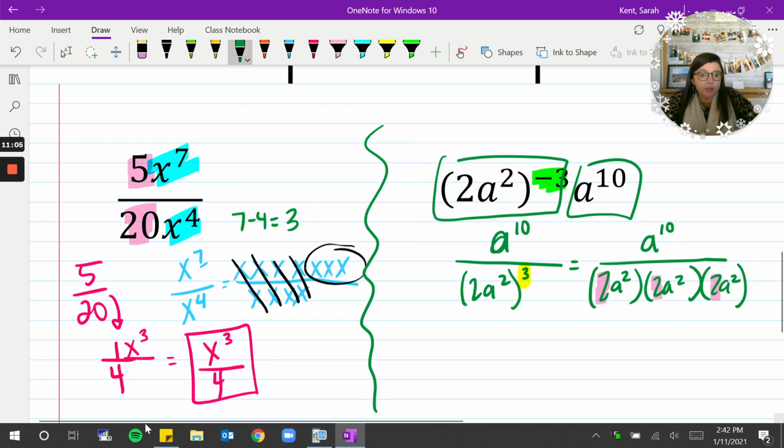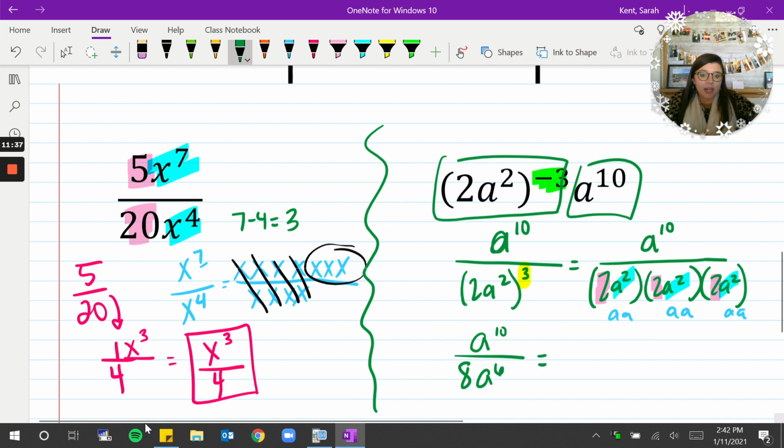So 2 times 2 is 4, times 2 is 8. And then I need to combine my a to the power of 2's. Here, a to the power of 2, I've got 2 a's. Here I've got 2 more a's. Here I have 2 more. So all together, 1, 2, 3, 4, 5, 6 a's. A to the power of 6.